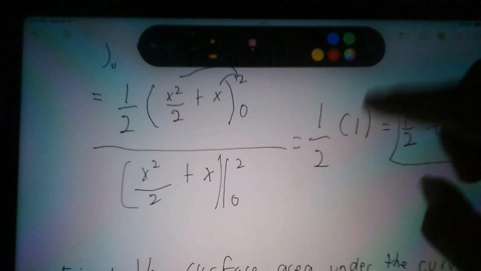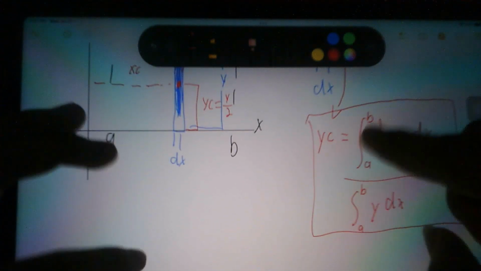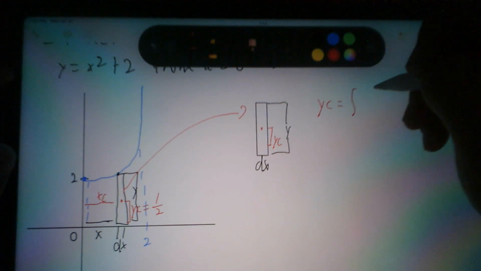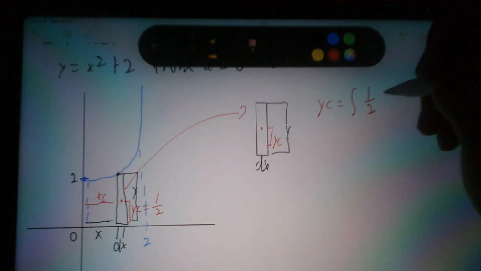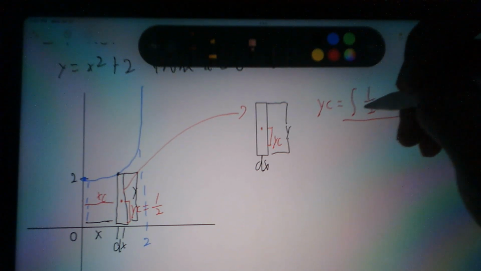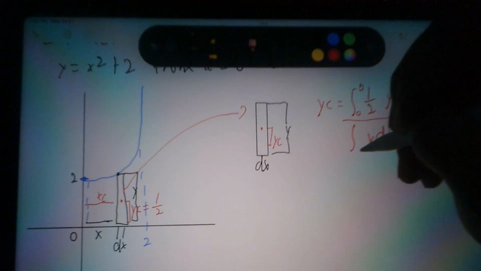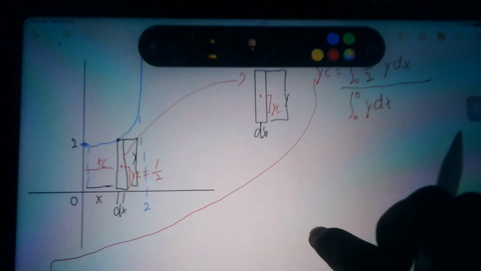Now by putting in our formula, yc is just equal to the integral of 1/2 y dx, with limits from a to b, over the integral of y dx, with limits from a to b. Now I will substitute the values.